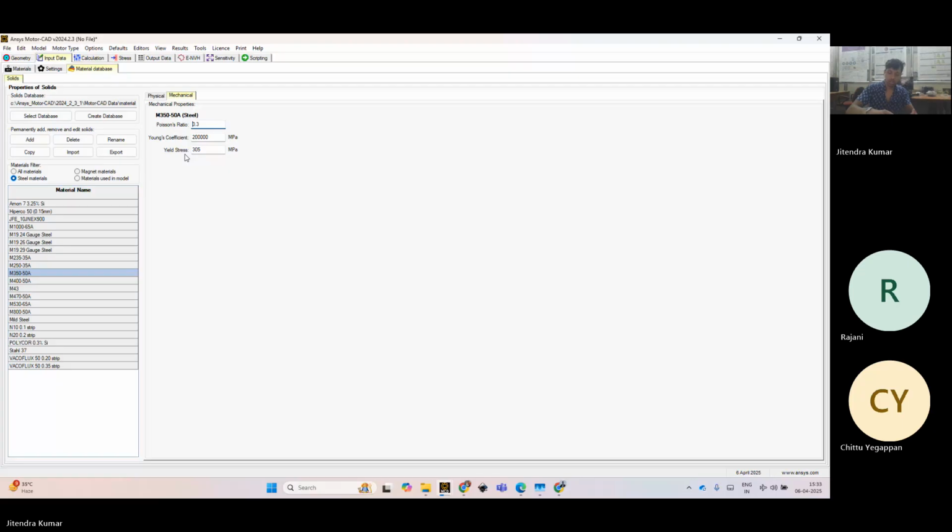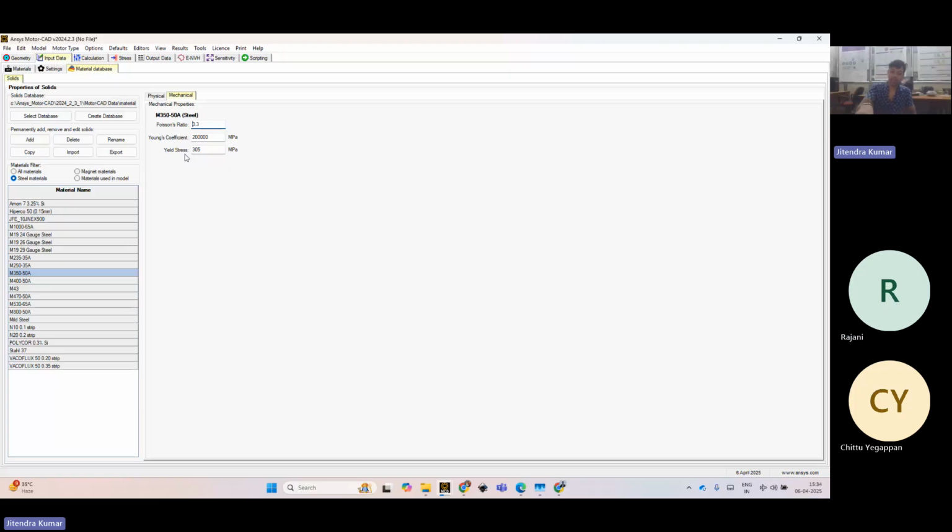So the maximum stress should always be less than yield stress. Yield stress is the maximum limit which your material could endure.